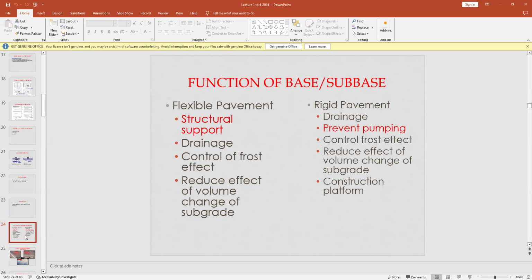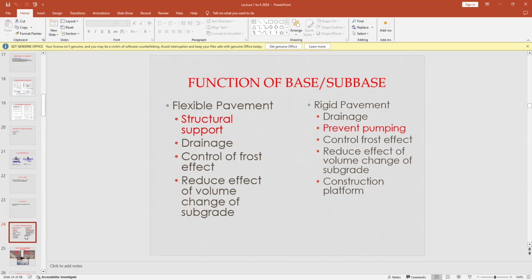So the addition of this base layer in flexible pavement provides control of frost action.